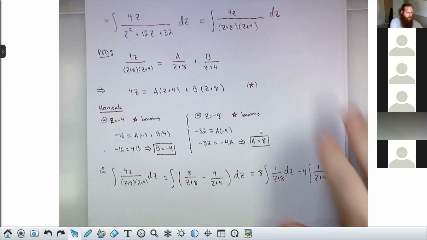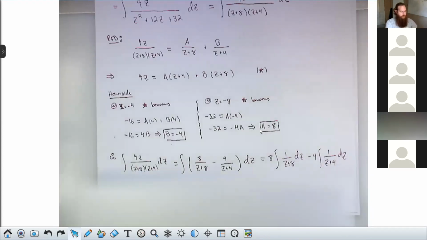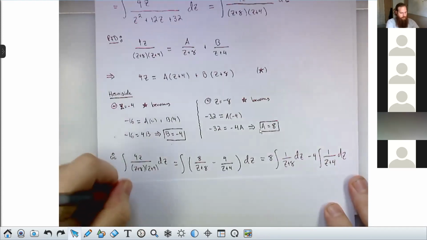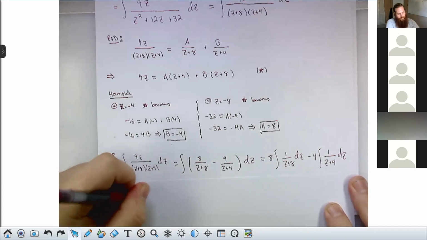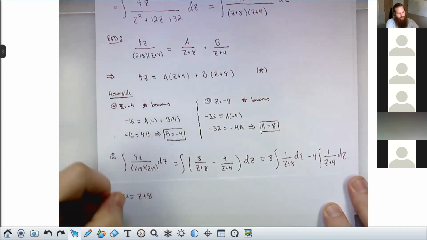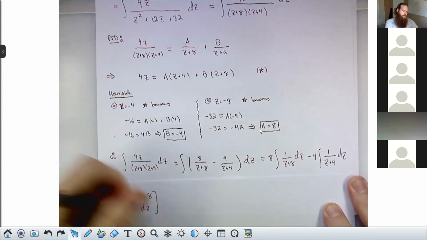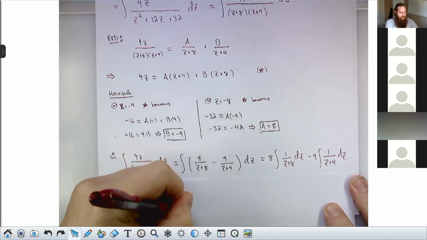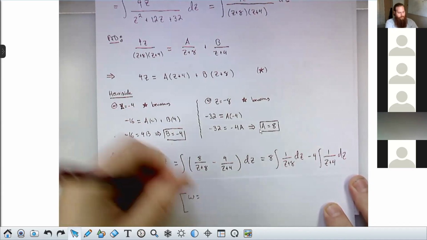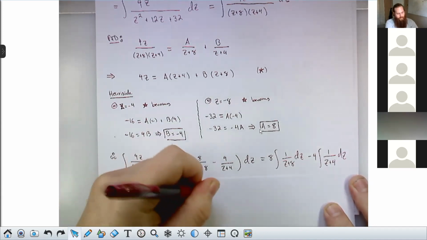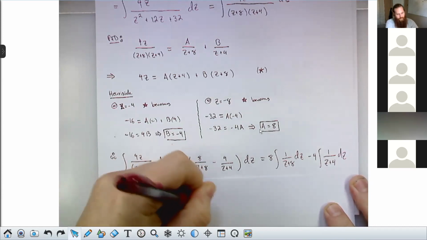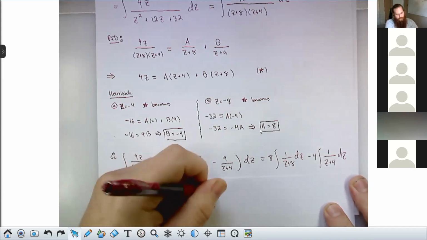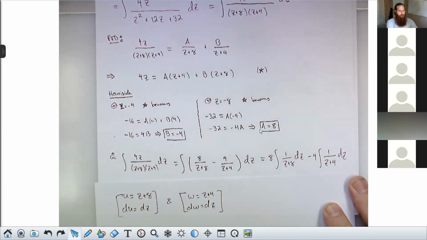In the first guy, I'll make the substitution u equals z plus 8. It's a simple substitution. Du is just dz. And in the second guy, I'll make the substitution w equals z plus 4. And again, simple substitution. dw is dz.